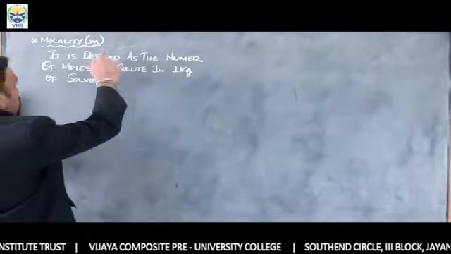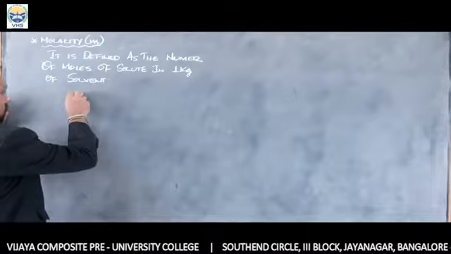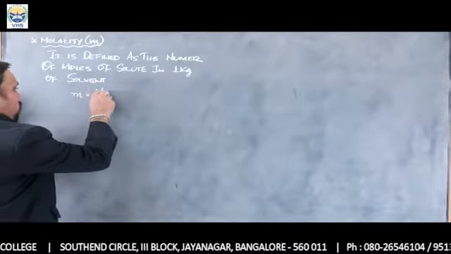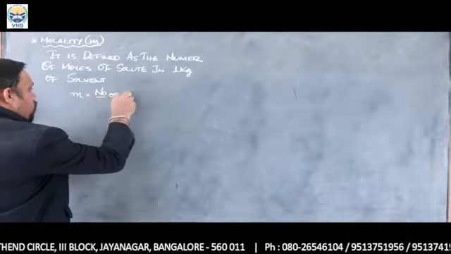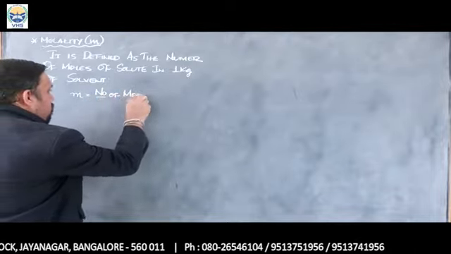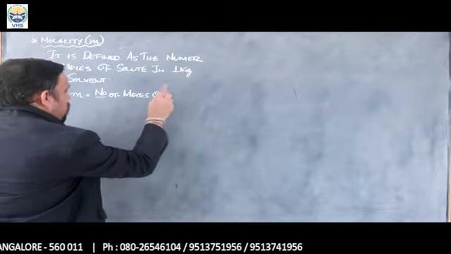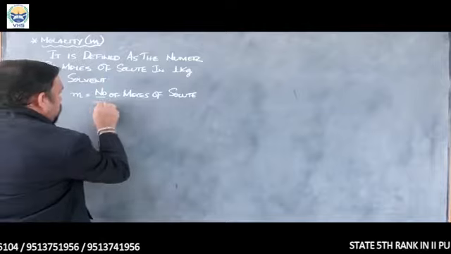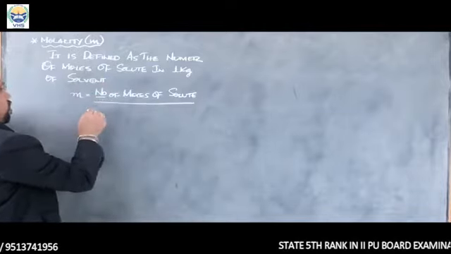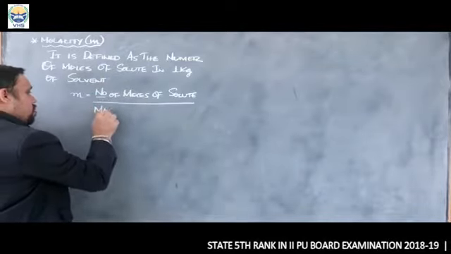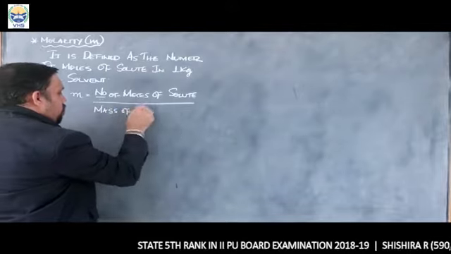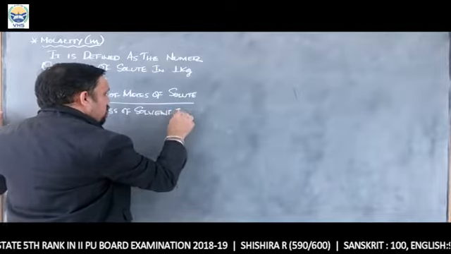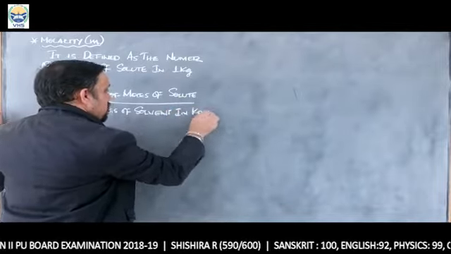This molality is denoted by small m. So we can write it as m is equal to the number of moles of solute divided by the mass of solvent in kg.